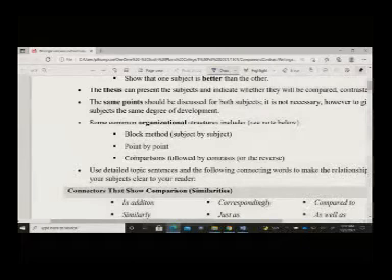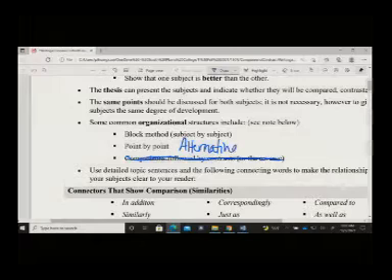I really don't want you to do comparisons followed by contrast, because that's doing similarities and differences, okay? Cross that off, and remember that point by point is also alternating. Okay, so cross off, it's about the third or fourth bulleted point, right above the connectors that show comparisons. And we've already seen a lot of what they're doing in here on the PowerPoint.